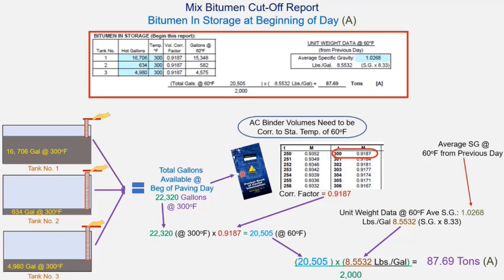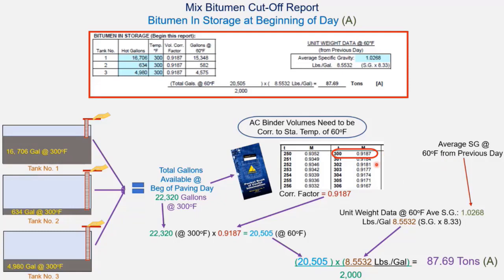Then they go to their pocketbook, or our pocketbook. We used to have to do this stuff by hand, but now this is all in the paving workbook. You put down your correction factor and bring it down to a volume at 60 degrees. So all these are smaller than what is over here. Then from there, you go through it like we did for that example.